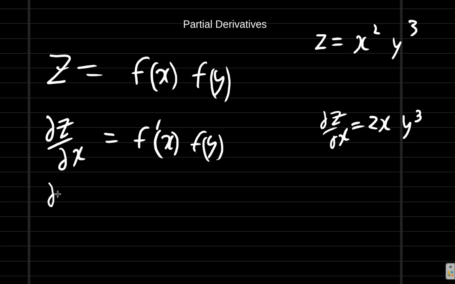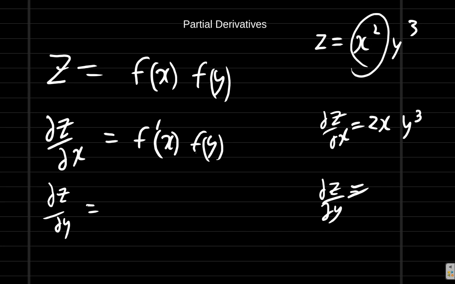Now you consider delta z by delta y. You treat f of x as a number, so delta z by delta y here. You treat x squared as a number. F of x in this case is our x squared. So here, x squared times, and you find the derivative of this with respect to y.